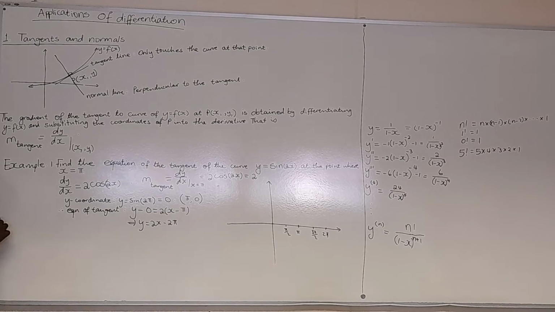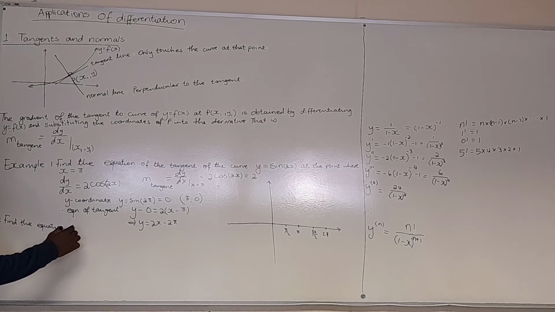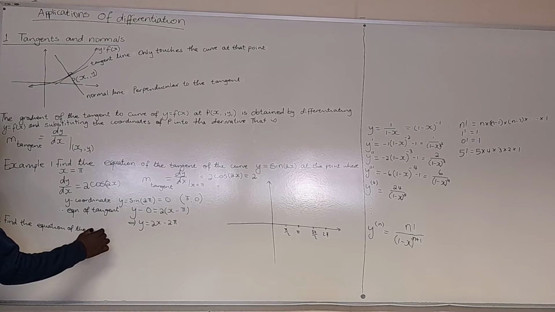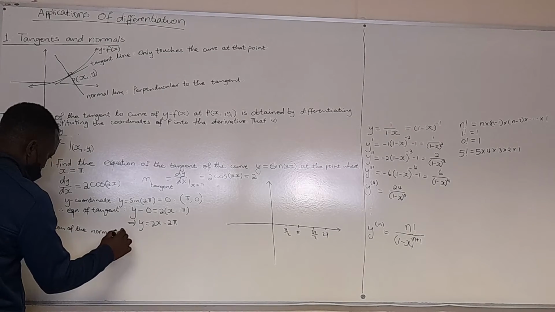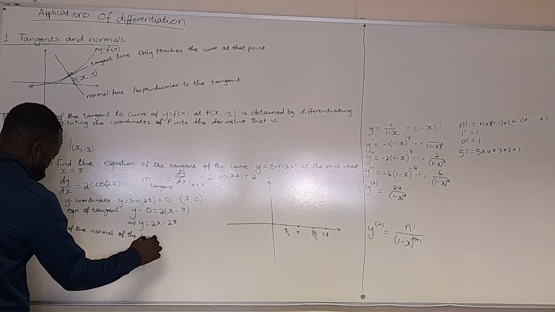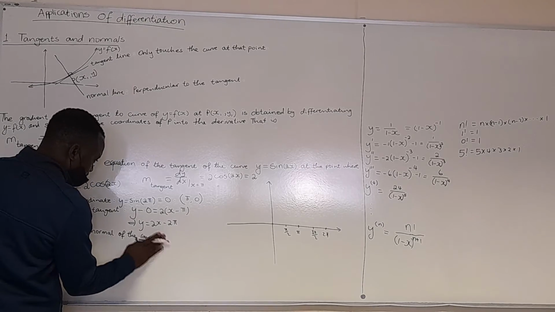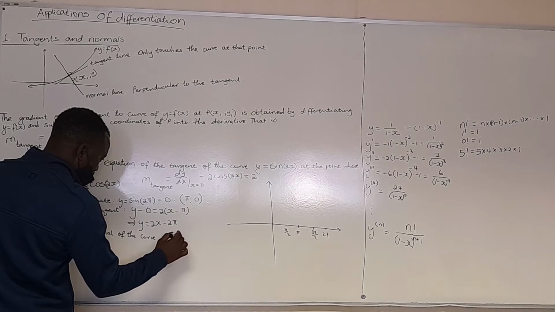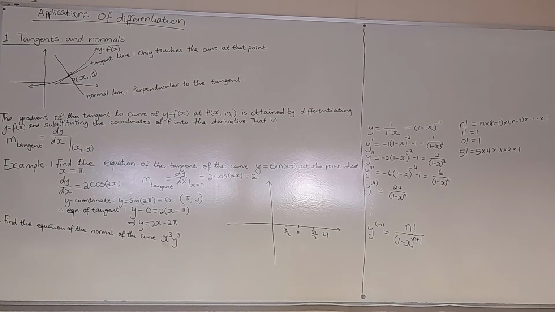Okay, maybe let's look at number 2. So, what does dy over dx in that line, the x equals pi, mean?